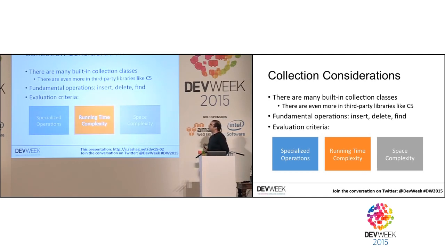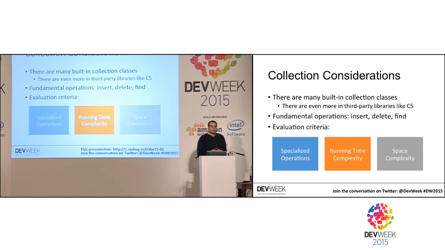But in any case, for all of those built-in collections and for any library you find, the fundamental operations on a collection are usually inserting elements, looking up elements by some criteria, maybe by key or some other way, and of course deleting elements from the collection. But the differences between the different collection classes, as I hope you know, are first, runtime complexity of the different operations.